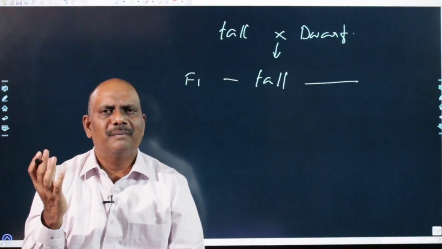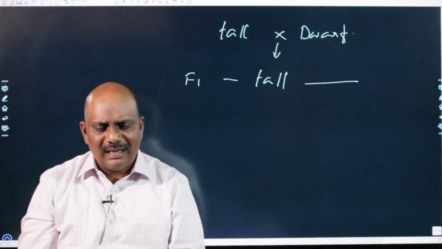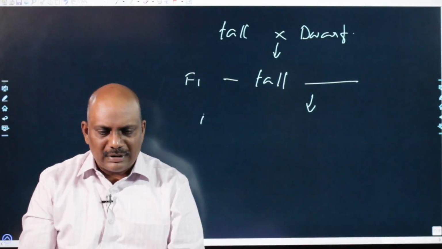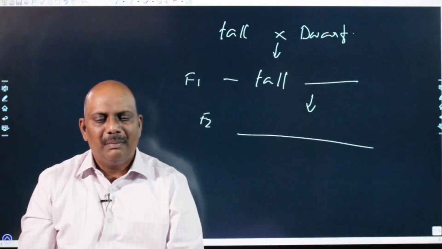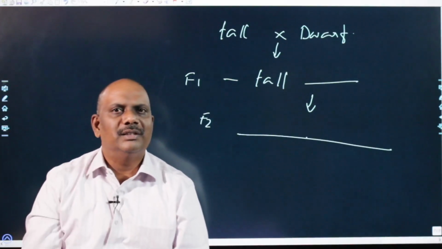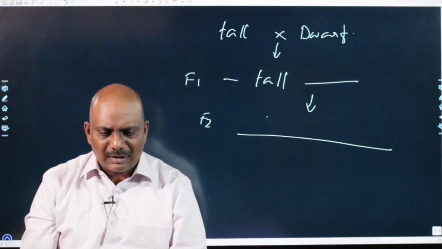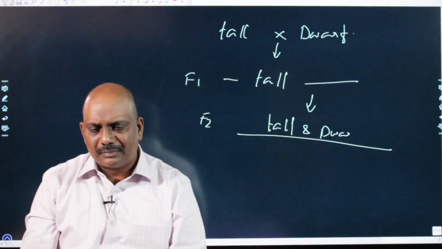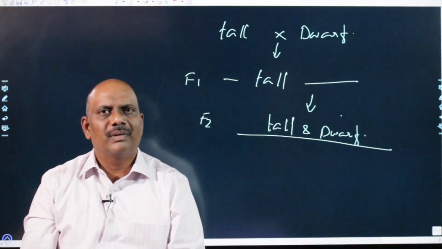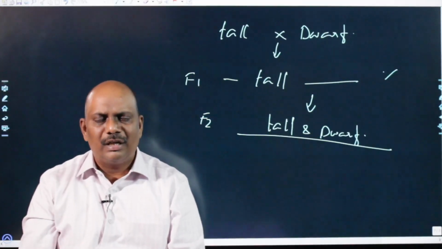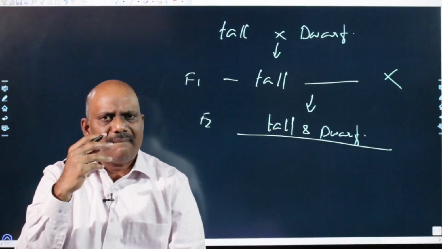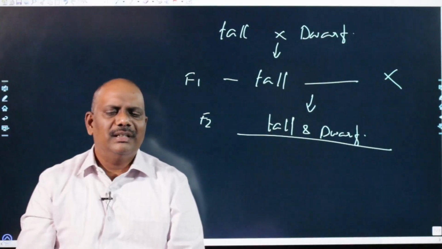How did it happen? Then again he selected seeds from F1. In the F2 generation, he managed to find a few dwarf plants. There was a combination of tall and dwarf plants. So in one generation, the dwarf plant went missing, and it reoccurred in the next generation.